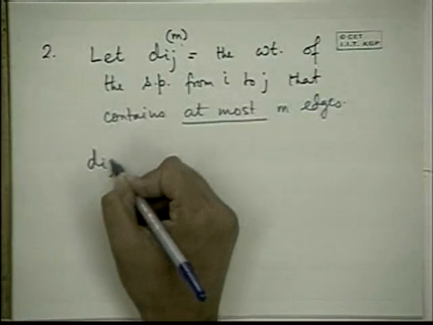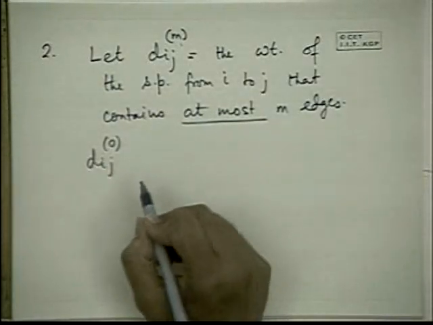Now can we write a recursive definition of D_ij m? If we can, we will see that it will give us an algorithm. Let us see D_ij 0 first, this is easy.